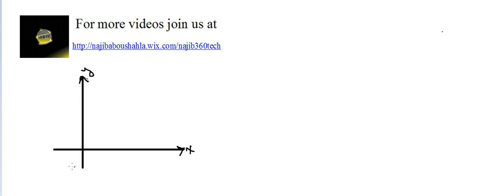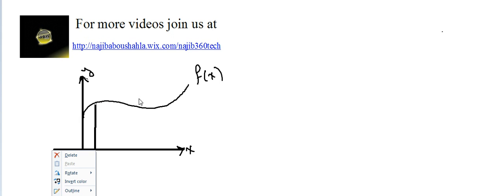And suppose we have a given curve, f of x, a part of the curve f of x above the x-axis, and we need to find the area limited between this curve f of x and the x-axis, and these two vertical lines, let's say x equal a and x equal b in general.